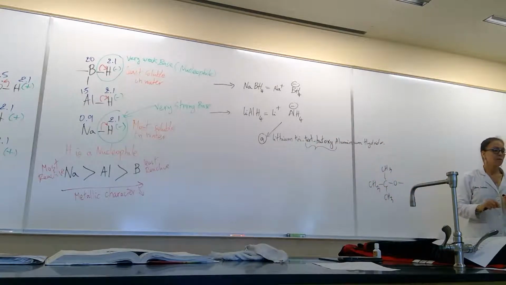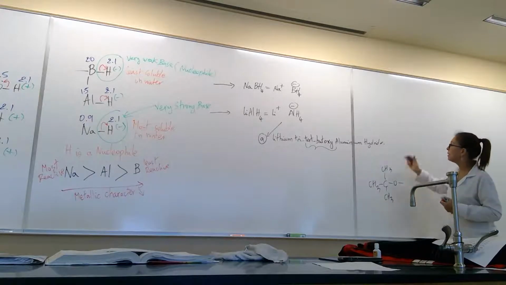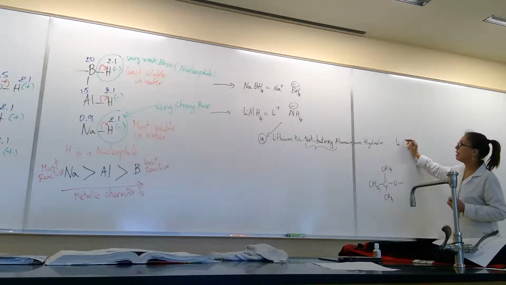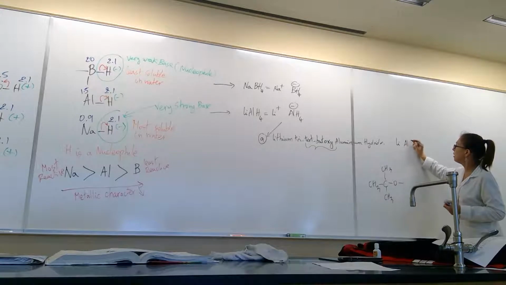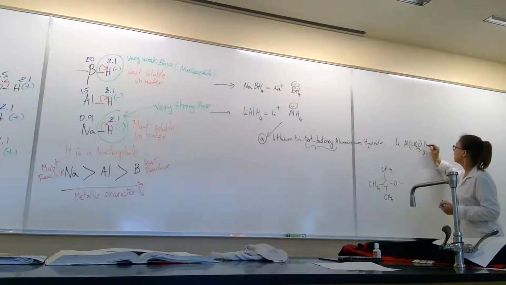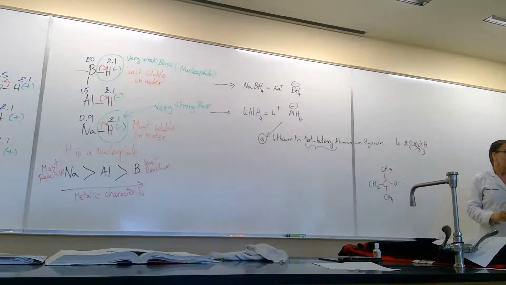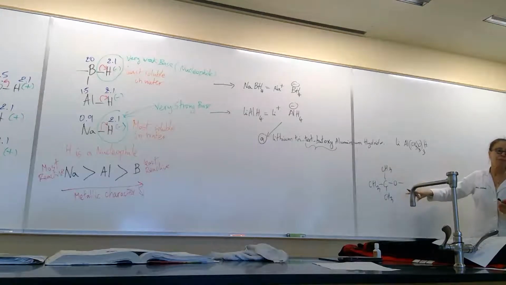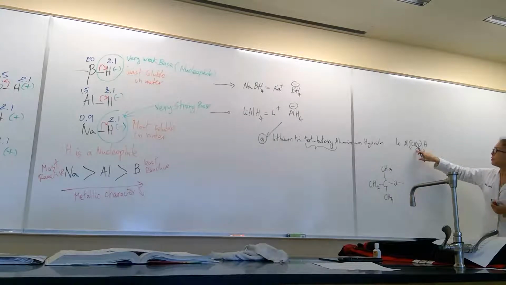So the formula would be lithium, and then you have aluminum, and then you have CH3, 3O, 3, and then H. So you don't have to know all of these details, but just remember, if you see something like this, it means you have 3 of these, so you only have 1 hydride.